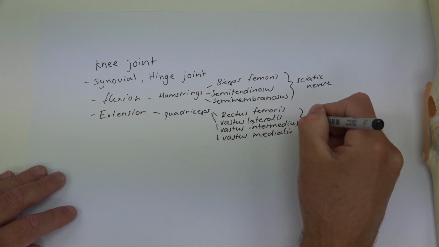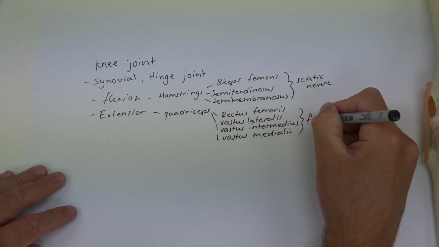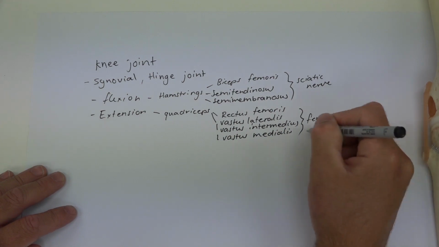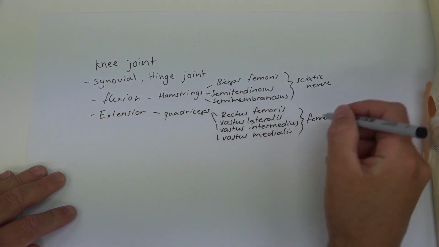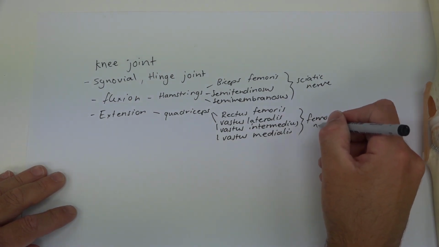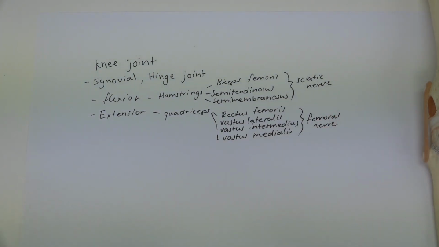Now, all of these ones then are innervated by your femoral nerve. Okay, so they're knee extensors, but then the secondary function of rectus femoris, as an example, is to flex the hip along with those large hip flexors that we talked about, like iliopsoas and also sartorius.